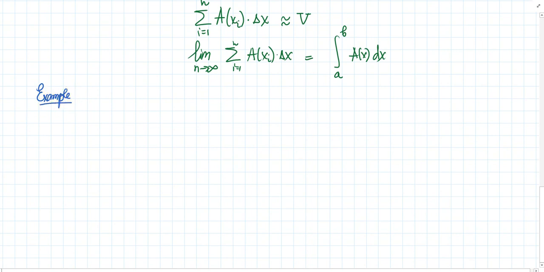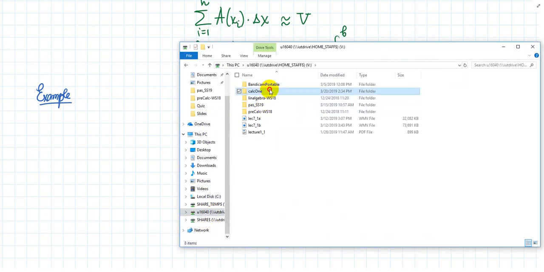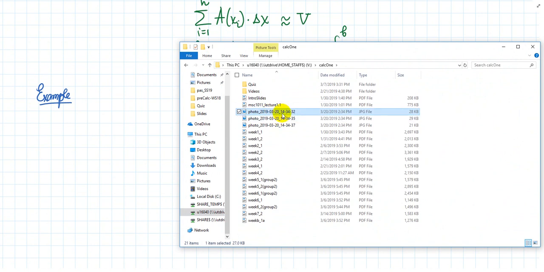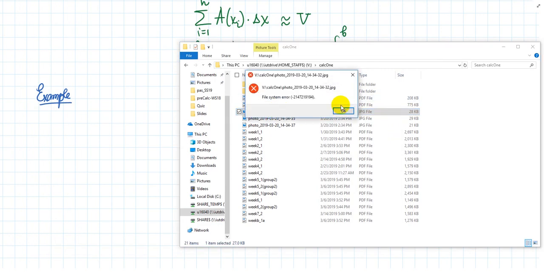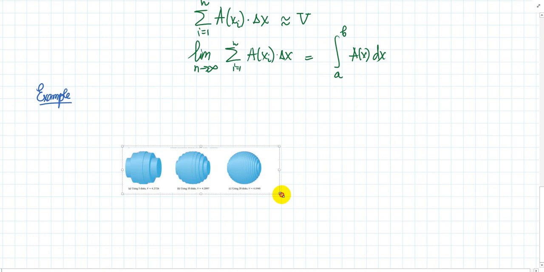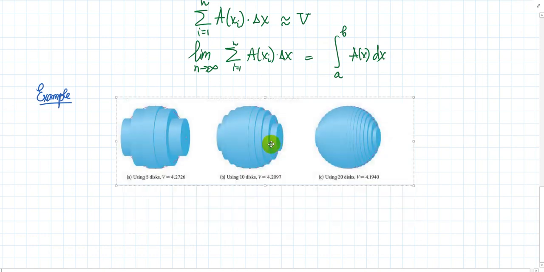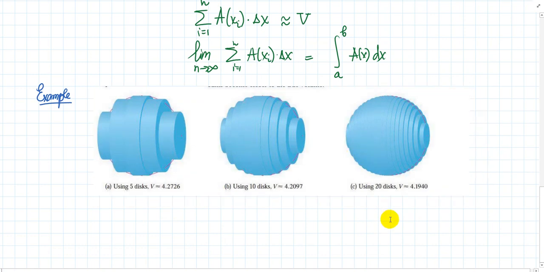So what I want approximately is this thing. If I'm given a sphere, I would like to cut it into many pieces.